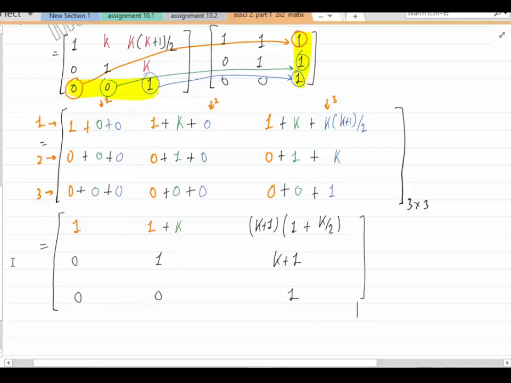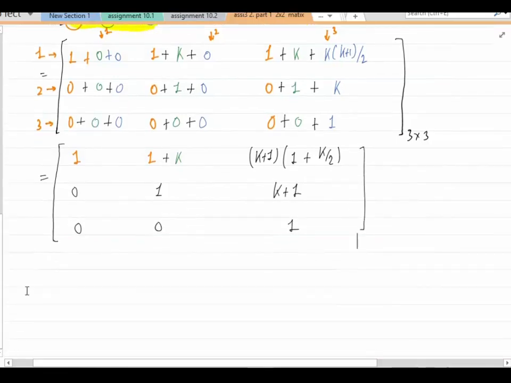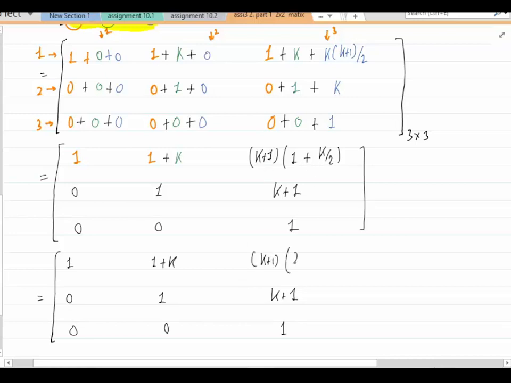Okay, now we just need to simplify this term. The rest of the terms will be as it is, so let's write them down as they are, and here we just have to take 2 as LCM, so 2 plus k by 2, and tada!